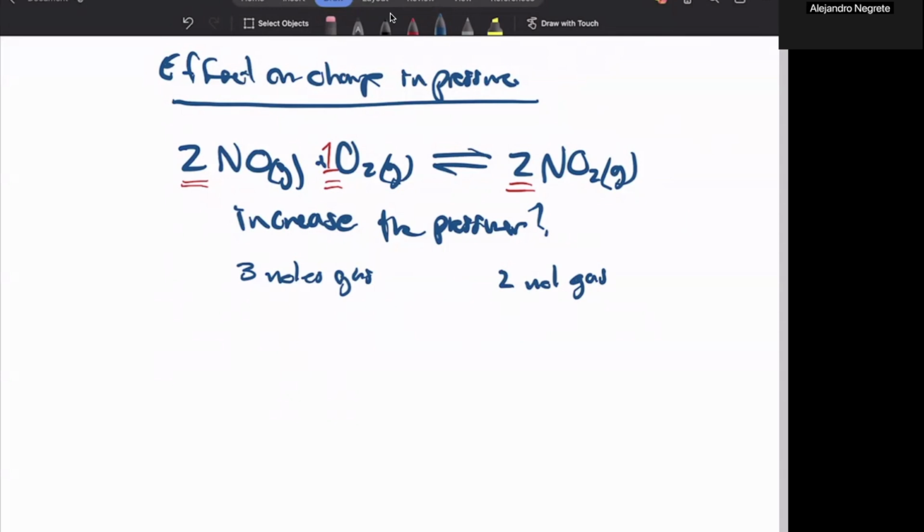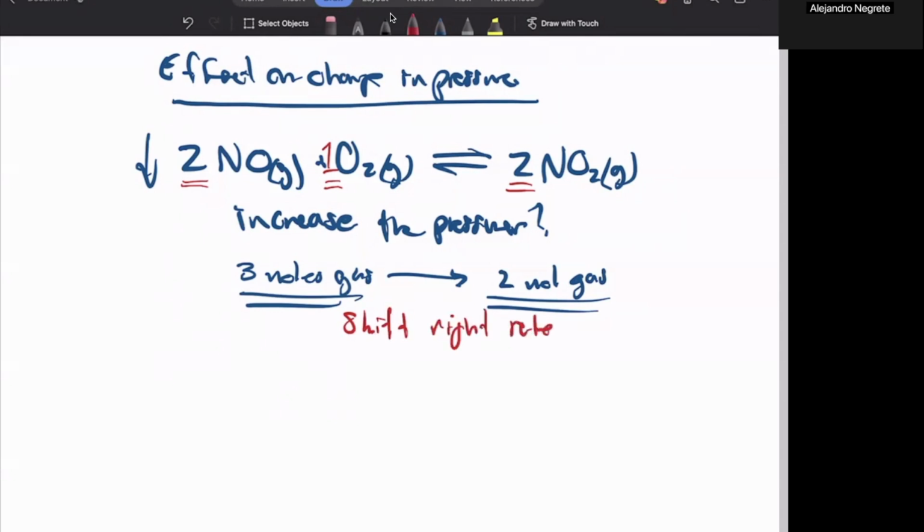So if we increase the pressure here, this is what occurs: 2 moles of gas takes up less space than 3 moles of gas. We squeeze this, we're increasing the pressure here, and we would see this reaction shift to the right to relieve that stress.